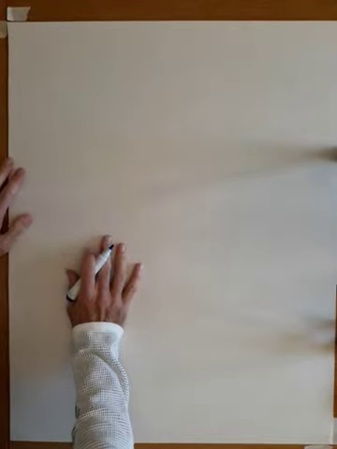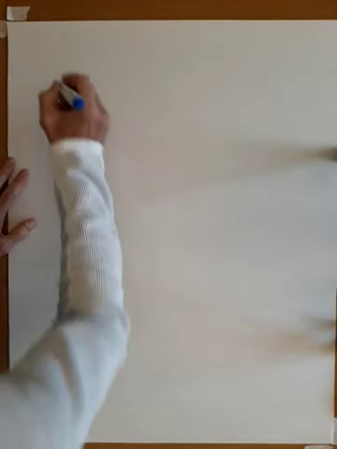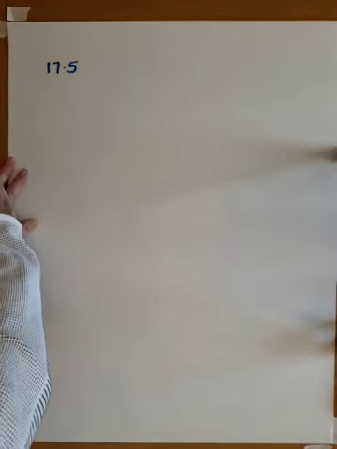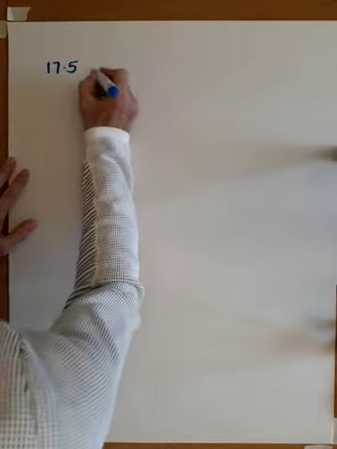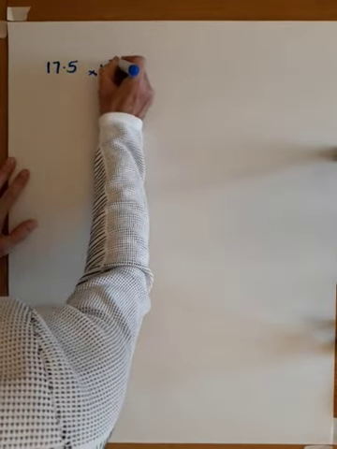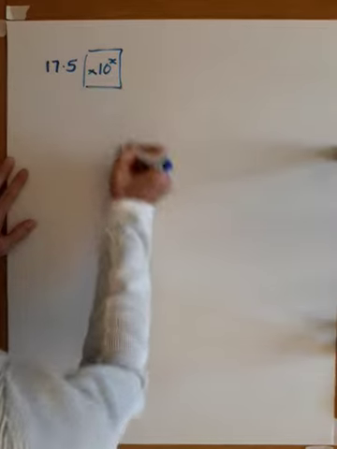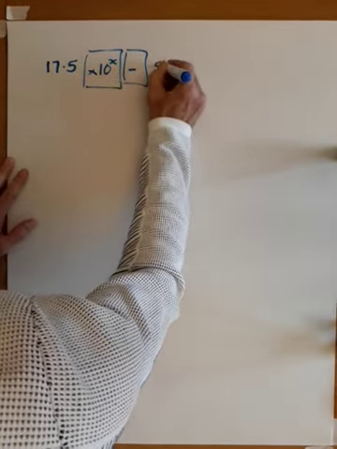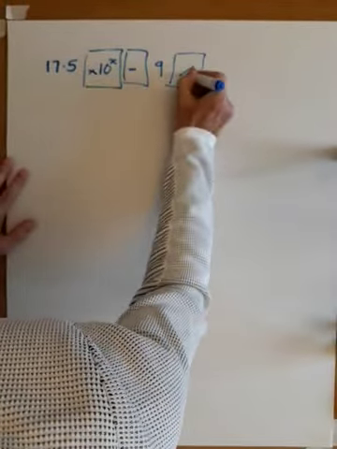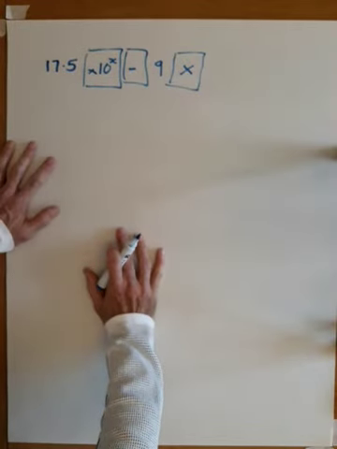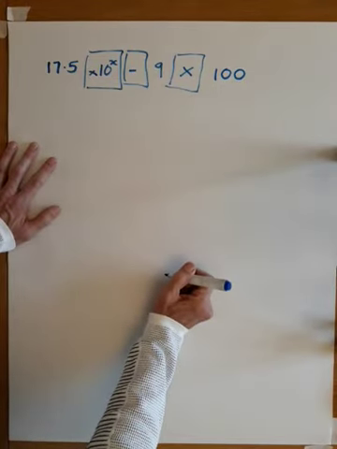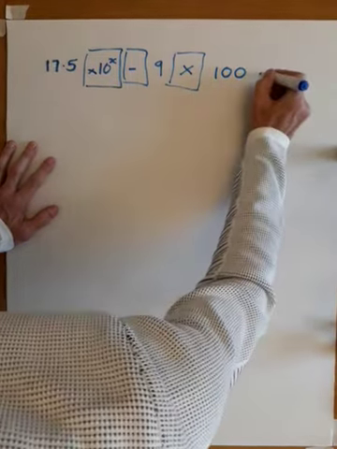Okay, so you're going to enter 17.5, and it's times 10 to the minus 9. So on your calculator you have the times 10 to the, enter minus 9, and then it's going to be times, then enter 100, and then you're going to do divide.